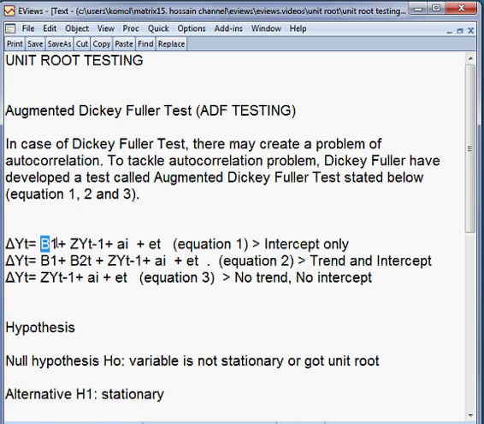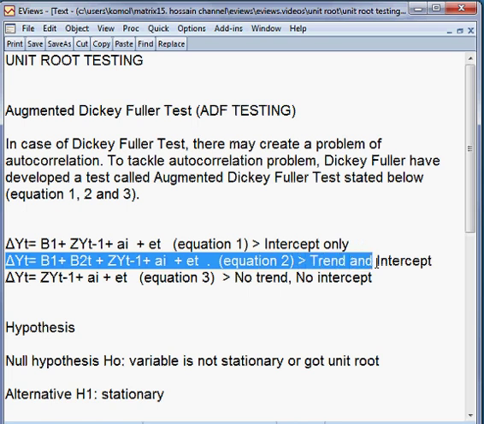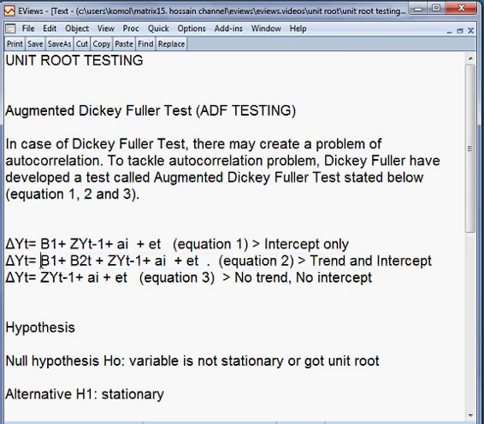So here you can see only intercept, that is model number 1, and model number 2 is this one. It has trend and intercept. Here you can see this is the trend and this is the constant of the model.